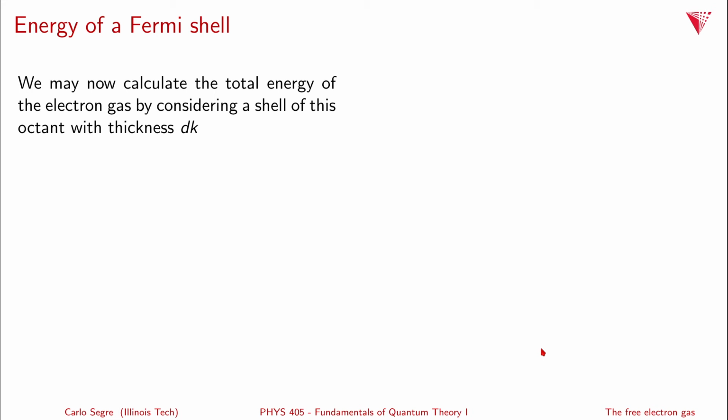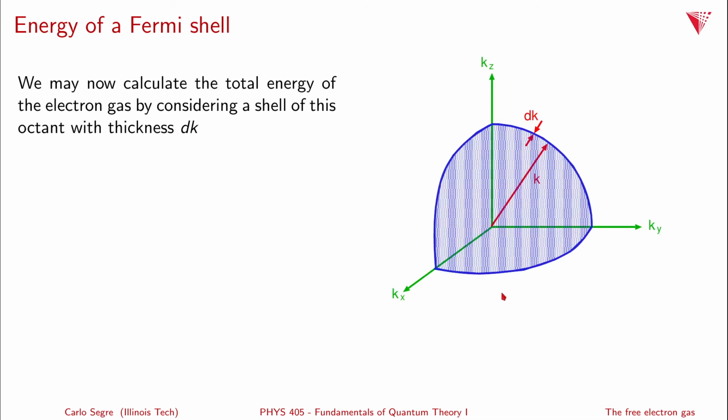With these parameters and these expressions, we can now calculate the total energy of the electron gas by considering a shell of this octant with thickness dk. So I've drawn here an octant of this sphere. It has a radius k, and it has a thickness, because the shell has a thickness dk.